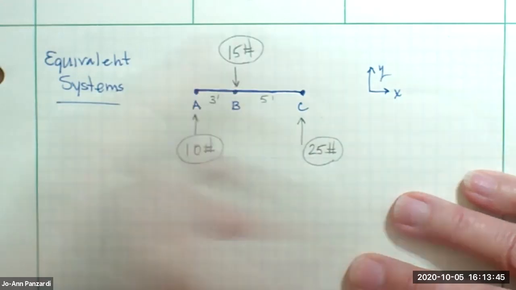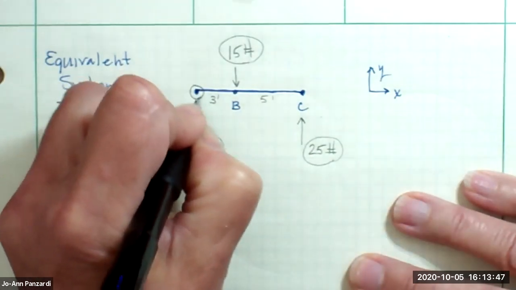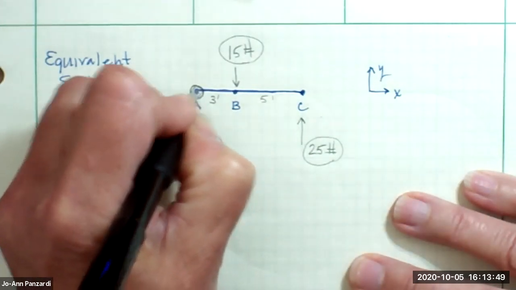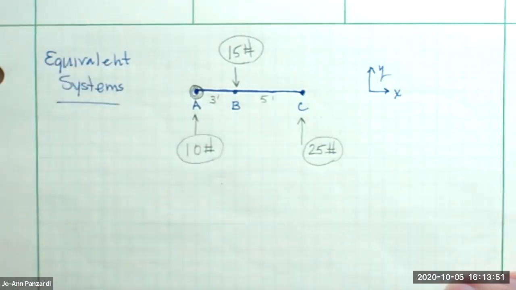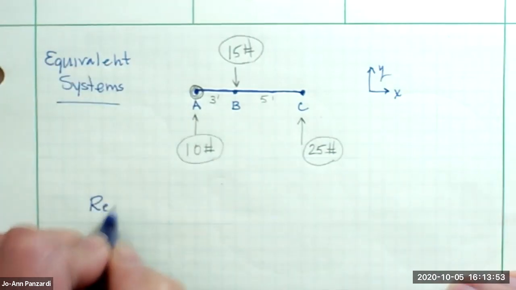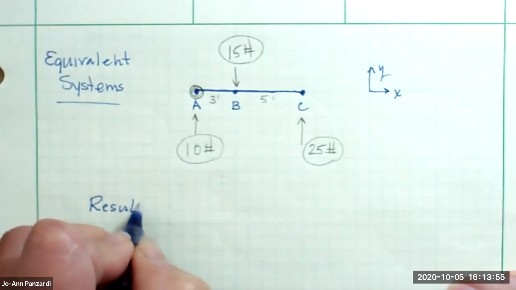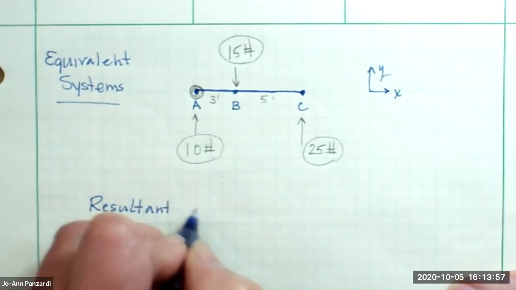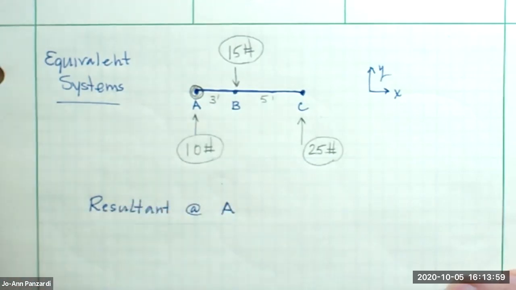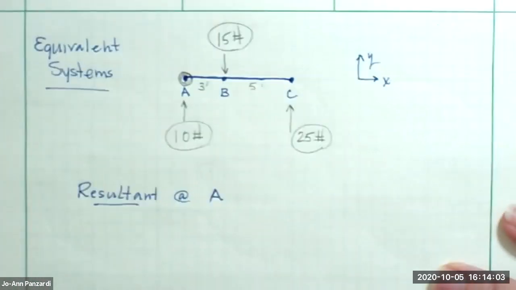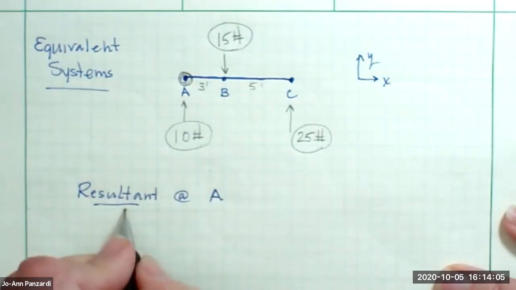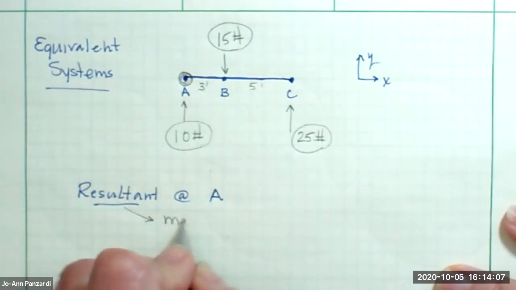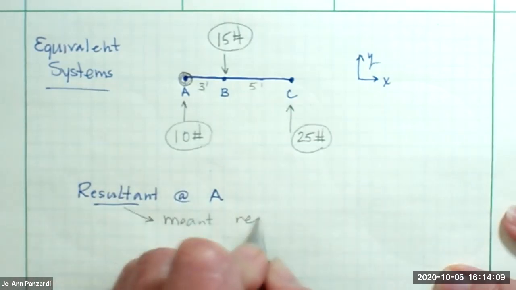So if we were curious about what's going on at A, and we wanted to find the resultant at A. The word resultant, before you entered statics and up till now, has always meant the resultant force.